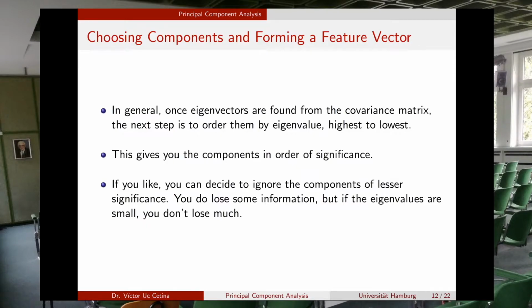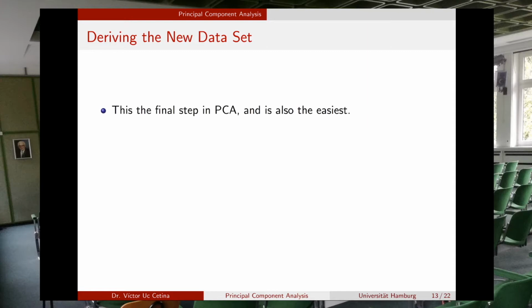You will lose some information, but if the eigenvalues are small, you don't actually lose much information, and you will be reducing the dimension of your data set. So in this final step in PCA, what you do is you derive your new data set by projecting all your points to your new subspace.